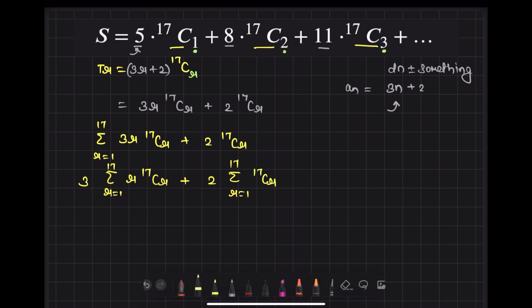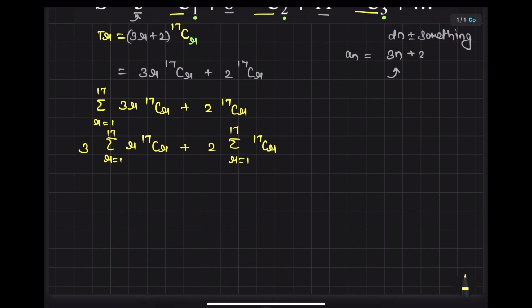Okay, now let's break these things. So let's break the first part. You can write this thing as 1 times 17C1, 2 times 17C2, 3 times 17C3, dot dot dot, 17 times 17C17.